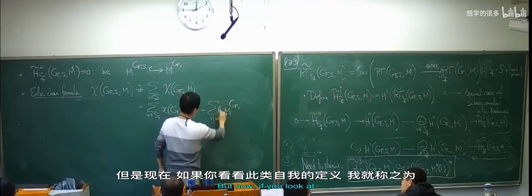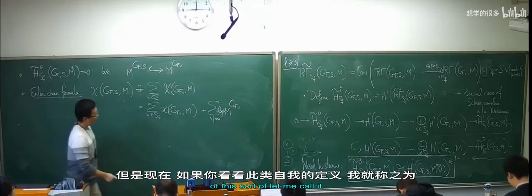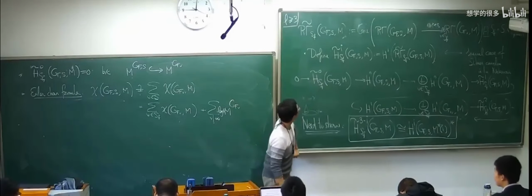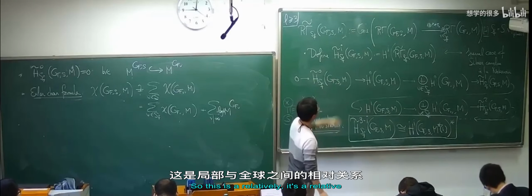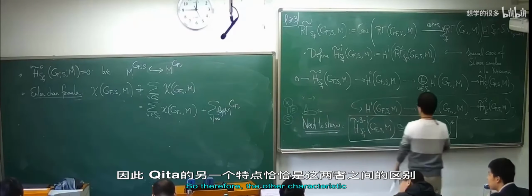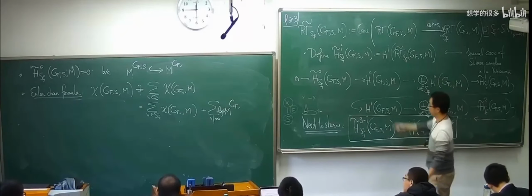Okay? But now if you look at the definition of this, let me call it the Selmer complex or whatever, Selmer cohomology. You think of it as a relative, a global one with a local one. So therefore the Euler characteristic of the tilde one is precisely the difference of the two.